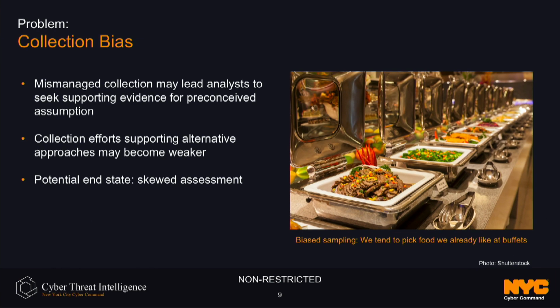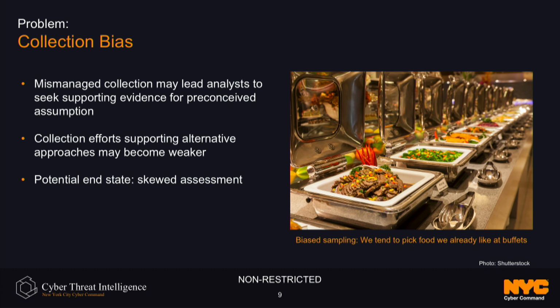Next up, collection bias. The overabundance of information collected, if unchecked, may lead to analysts nitpicking certain evidence or pieces of information that support their preconceived assumptions, thereby weakening alternative hypotheses and analysis work. Imagine you were in a buffet in Las Vegas. They're famous for that. You're presented with hundreds of types of dishes, but you're a fish person.